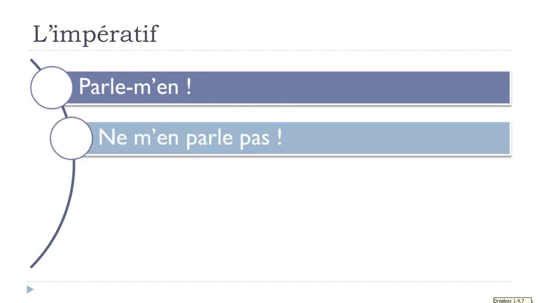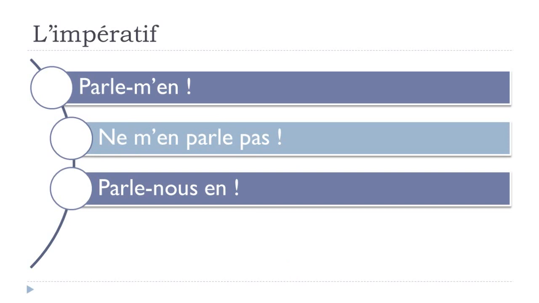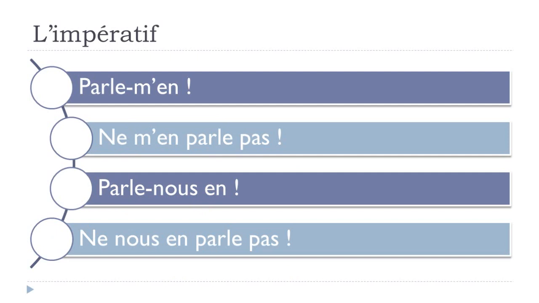But if you put them at the negative form, then you will get ne m'en parle pas, okay? Remember, negative form, then they come back as they should be all the time, so before the verb, all right? So another example, parle-nous-en, okay? Here, and then we will get ne nous en parle pas.